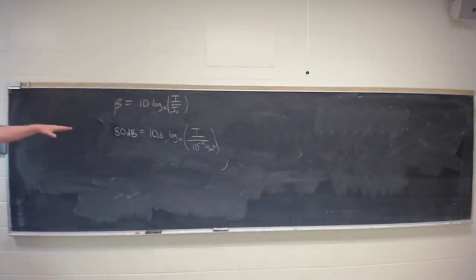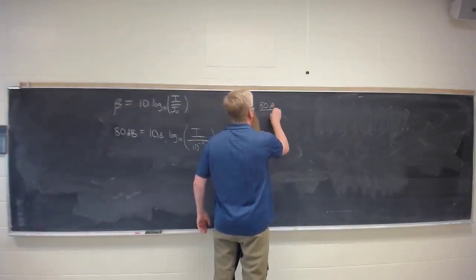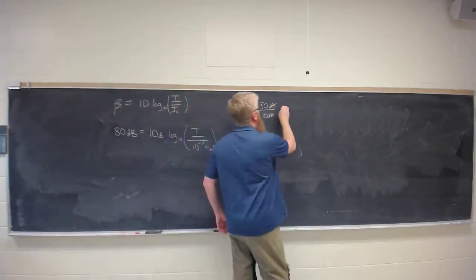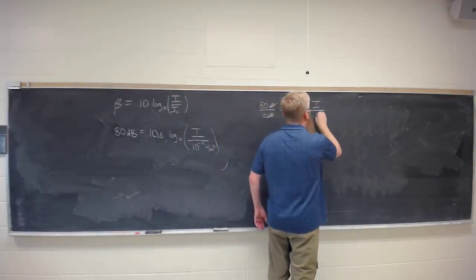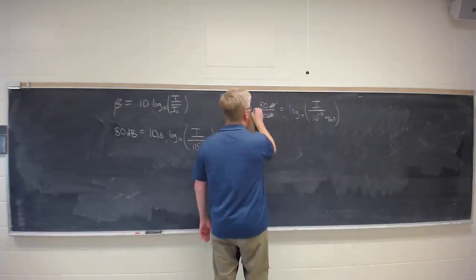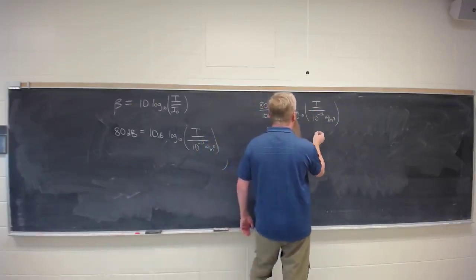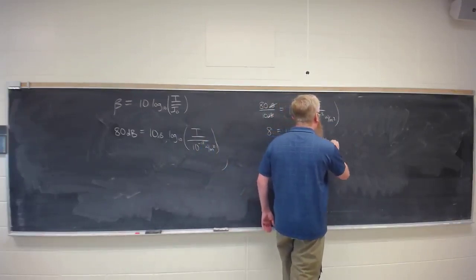To solve this, what you want to do is get that log by itself on the right. So I'm going to divide both sides by the 10 decibels. So 80 decibels divided by 10 decibels. The decibels disappear, which is what we want. It's equal to log base 10 of I over 10 to the minus 12 watts per meter squared. And of course, then the left side would be equal to 8, so 8 equals log base 10 of I over 10 to the minus 12 watts per meter squared.